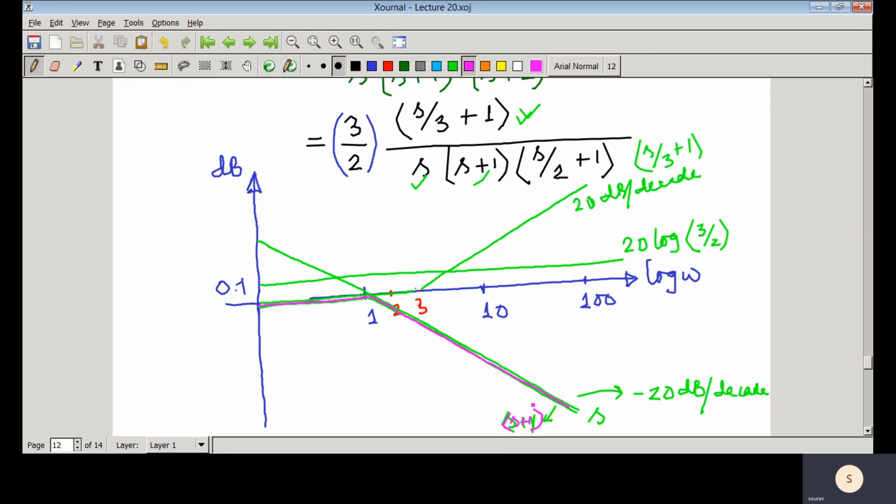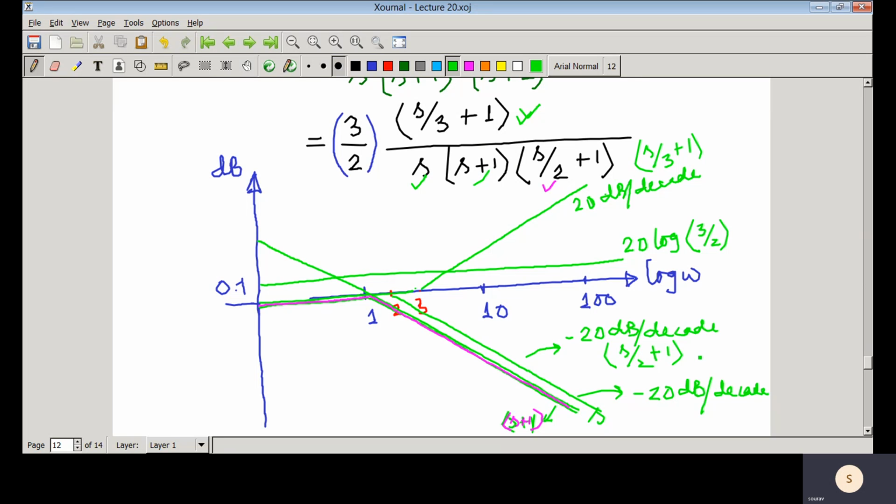that is in the denominator, and we have another one, that is s by 2 plus 1. So s by 2 plus 1 means up to this, and here we have another one, where again the slope is minus 20 dB per decade, and this is that factor, s by 2 plus 1.